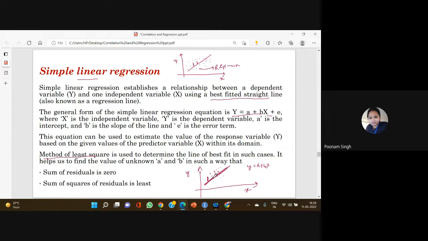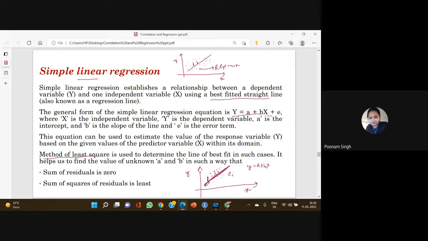And if this line is drawn, the values which lie on this line will be your estimated values, and these values are your actual observations. So the difference, or vertical distance, between the observation and the regression line is called the error term. They are denoted by e_i.